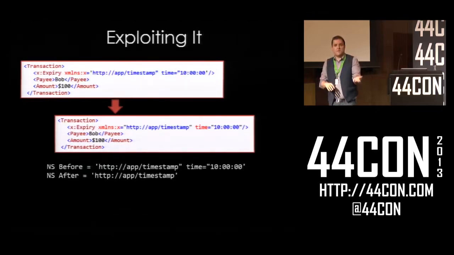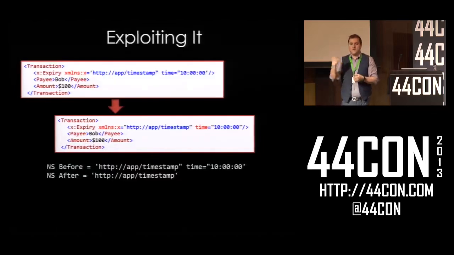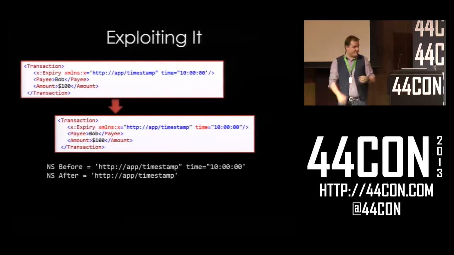So prior to that, when it parses it, it won't see the expiry element. But when the canonicalization process goes on for the referencing generation of the SHA-1 hash, it retransforms back to its original form, and you've now got your signature bypass.